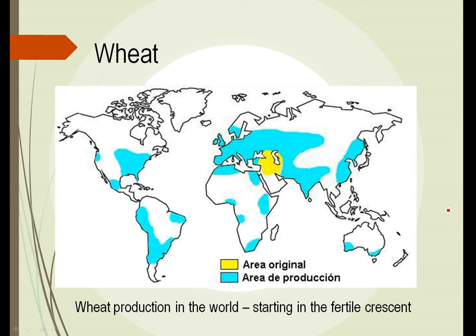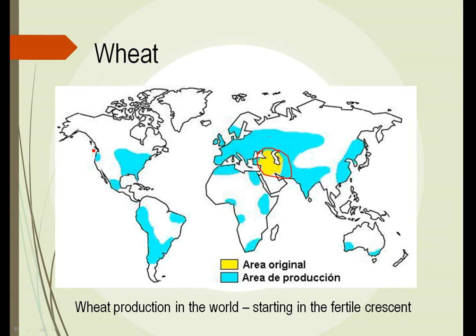This map shows where wheat originated, sort of a Middle Eastern plant, like so many things in the beginning of agriculture. The blue area is where wheat is commonly grown today.